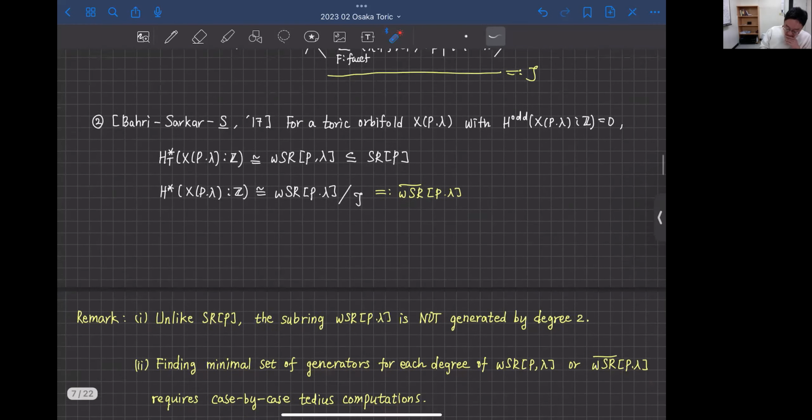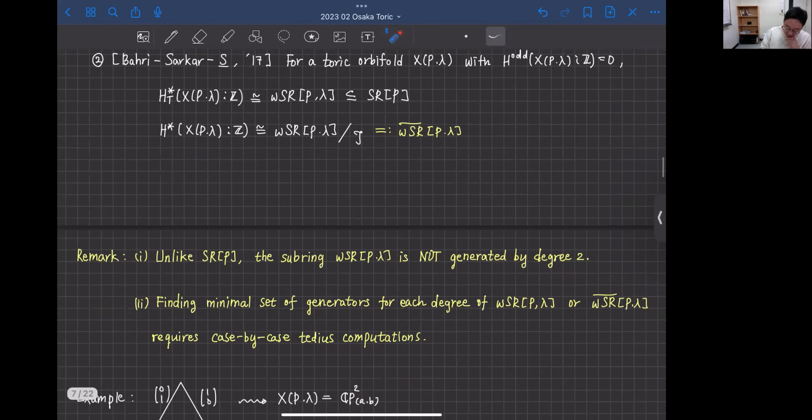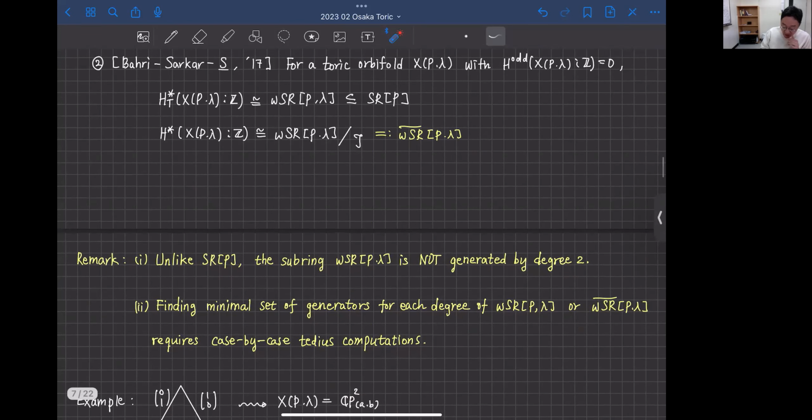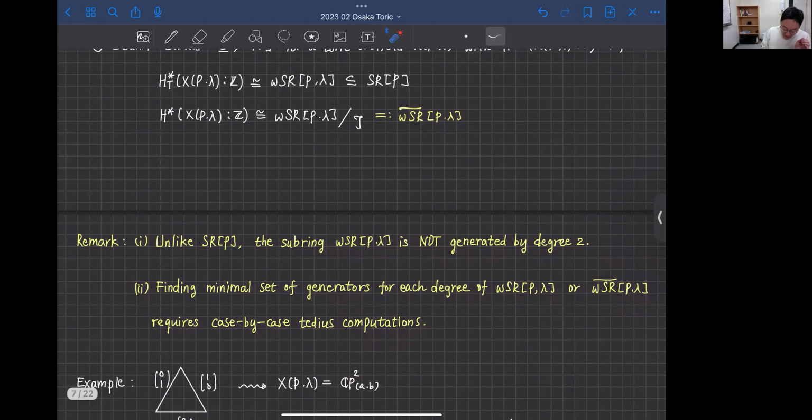Here are some remarks about this weighted Stanley-Reisner ring. Remember, the usual Stanley-Reisner ring is generated by degree 2 elements, but its subring, the weighted Stanley-Reisner ring, is not generated by degree 2 elements. And secondly, somehow we can describe the elements. This is more like GKM theory.